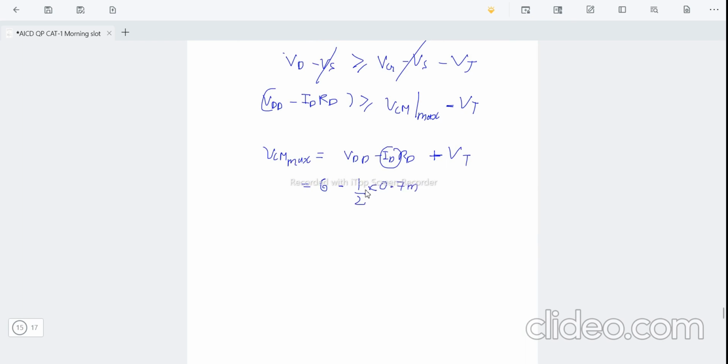RD value is 2.5K, and the threshold voltage given is 0.5 volts. So 0.35 milli into 2.5. So we get VCM max as 5.625 volts.